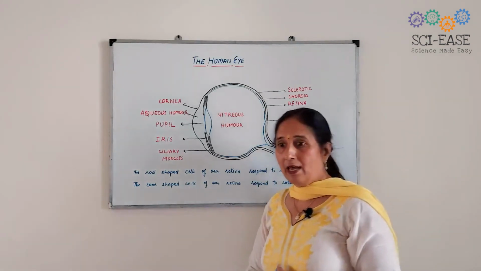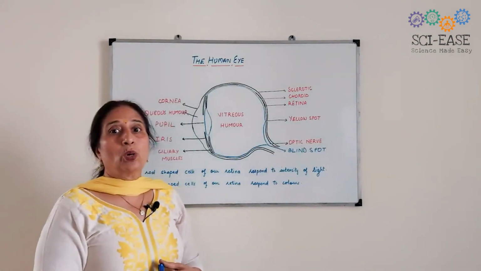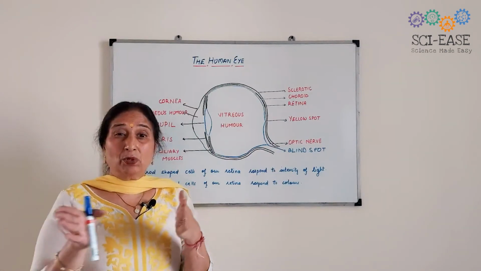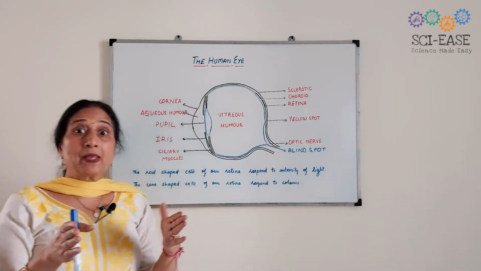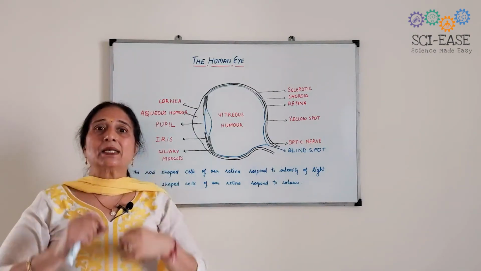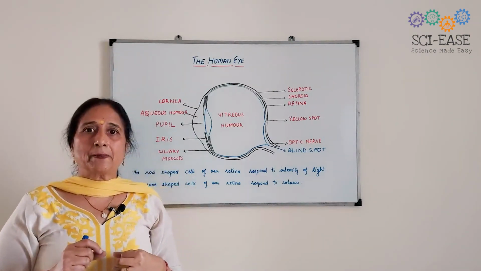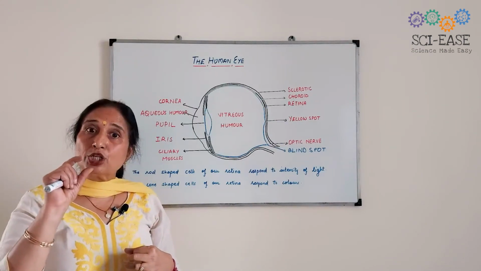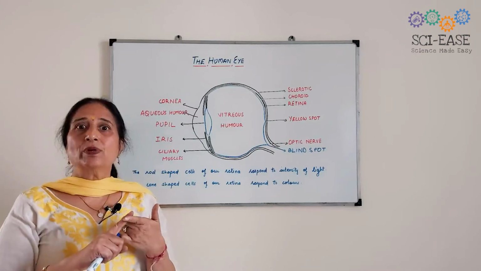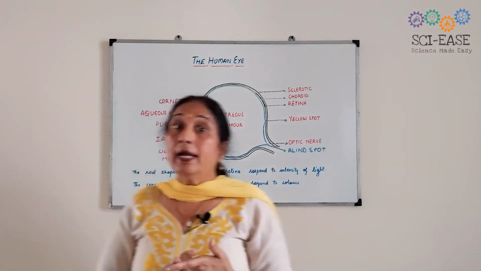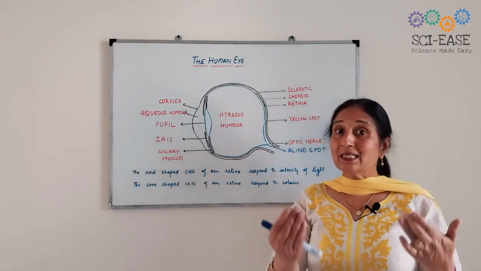In the same way, when we go in the sunny light, when too much sun is there, at that point we squeeze our eyes. The size of the pupil will become small, and the iris will do it. So it depends upon the intensity of the light.